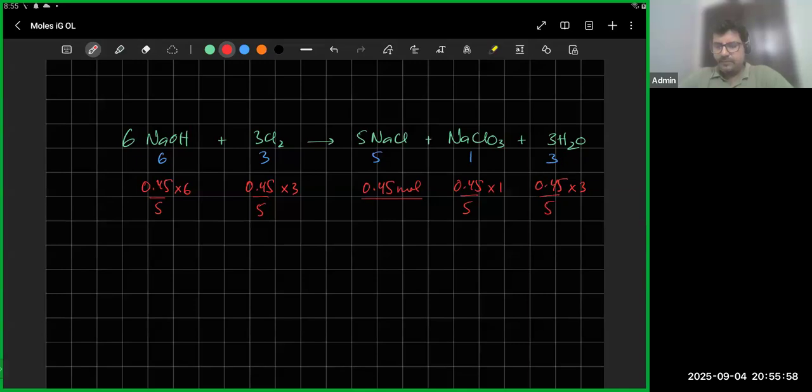एक कोई बता दे क्या values आ रही हैं? What is 0.45 divided by 5 times 6, and this is 0.54 moles.